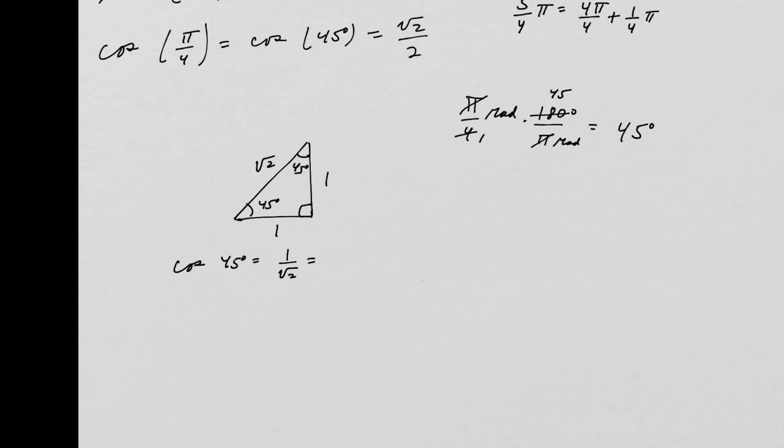And then sine of 45 is the same thing, right? Opposite, which is also 1 over hypotenuse. But then you can multiply these by radical 2 over radical 2 to rationalize the denominator. So you have radical 2 over 2. Same thing here.